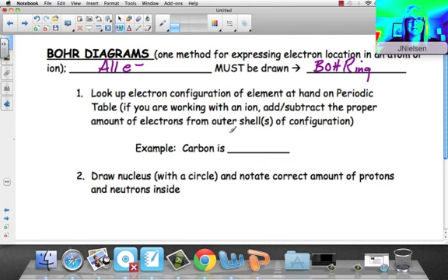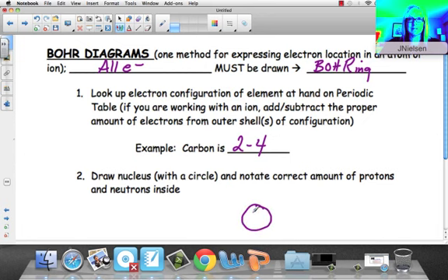And if you're working with an ion, you have to add or subtract the proper number of electrons from the outer shells. So carbon is atomic number 6. When we look up the electron configuration, it says 2, 4. So first thing we do is draw the nucleus with a circle and notate the correct number of protons and neutrons inside. So let's do that.